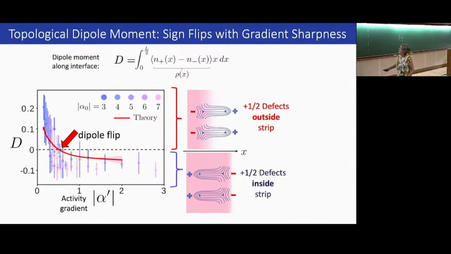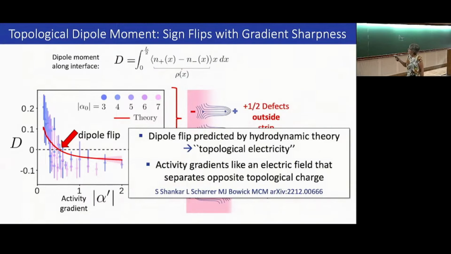As you increase the activity gradient, you go from having the plus defects on the outside of the strip to having the minus defects inside the strip. So you have sort of like a topological capacitor that you can actually flip the sign of. And we actually constructed some time ago a hydrodynamic theory of the defects themselves.